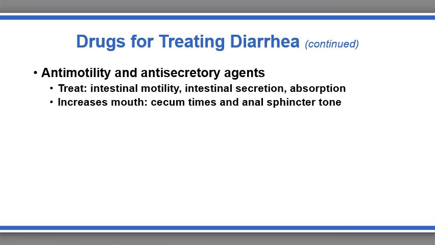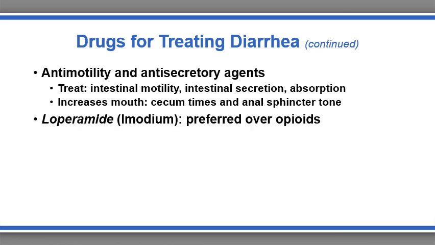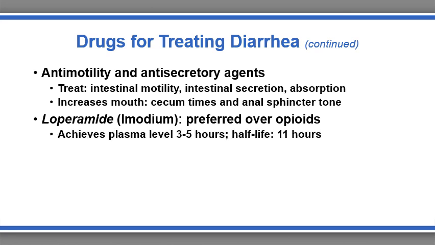A very common anti-motility medication is loperamide, or Imodium. This is available over the counter. This is preferred over opioids. Sometimes individuals will be given opioids in treating diarrhea, but obviously this is a much better, more tolerated medication, which can have fewer side effects.